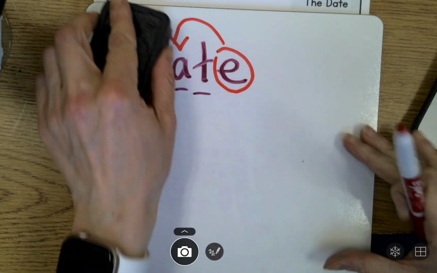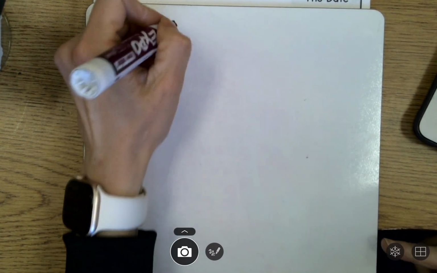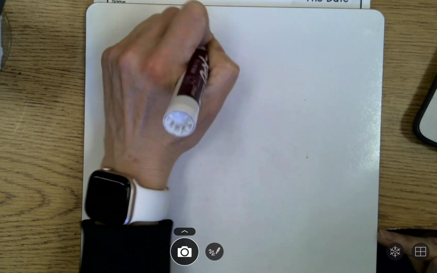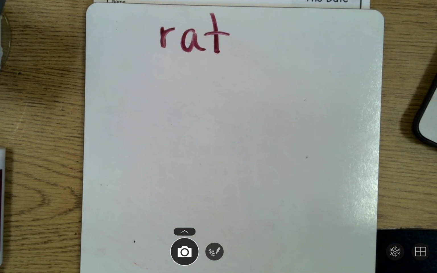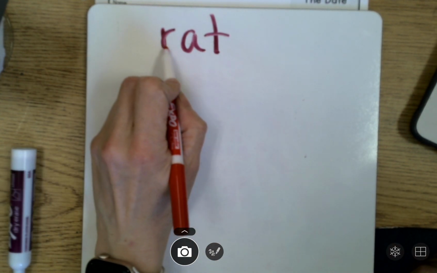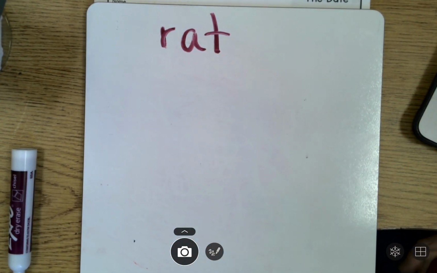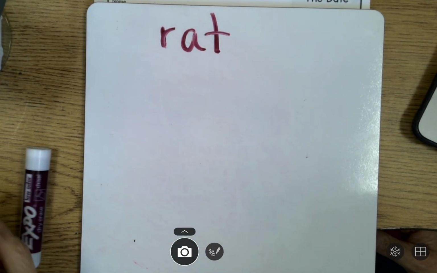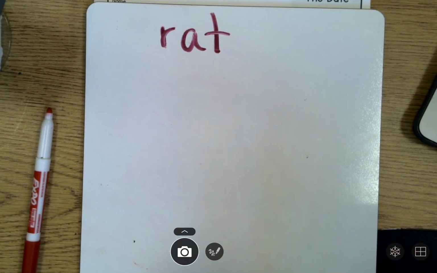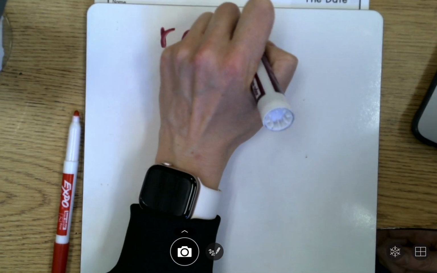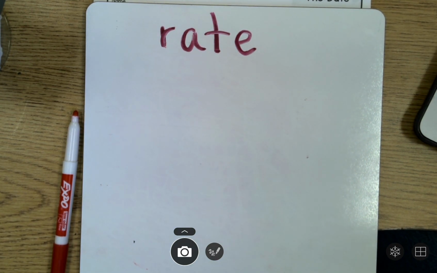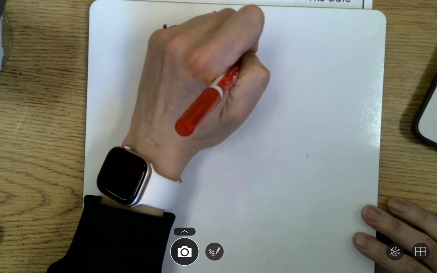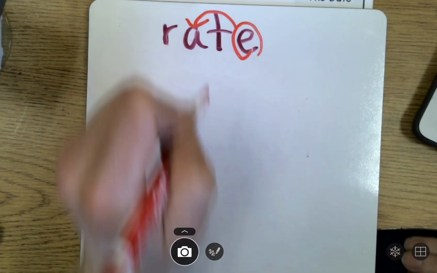So if I have the word rat, this is a CVC, a consonant, vowel, consonant, rat. But if I end it with a magic E, the E is going to tell the A to say its name.